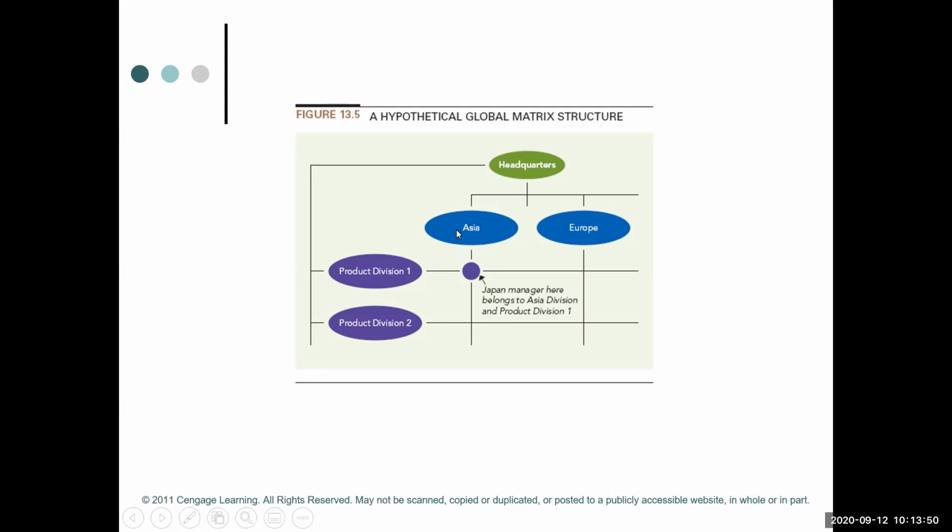But in India you are selling maybe only one of your products, not the rest. The person who is responsible for this geography and is also aligned to this product division would be placed here. So that is a matrix structure.